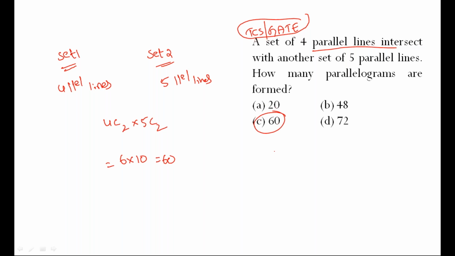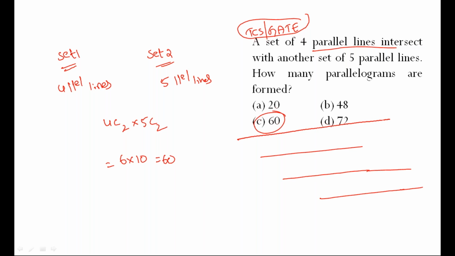No sir, I want a diagram. If you want a diagram, I'm just trying to show you 4 parallel lines. Now you need 5 like this: 1, 2, 3, 4, 5. Now you should count all the possible parallelograms here.